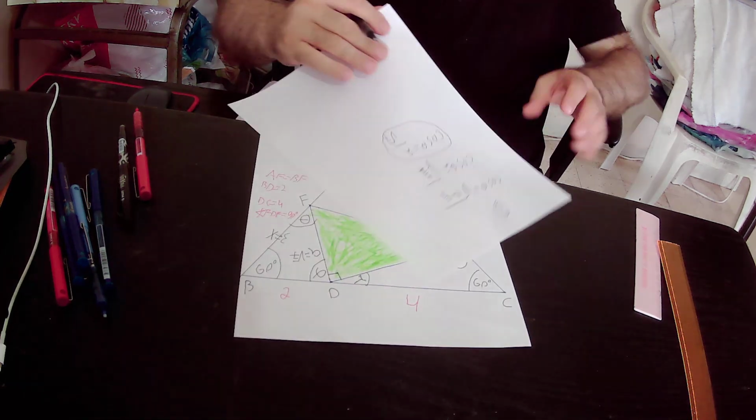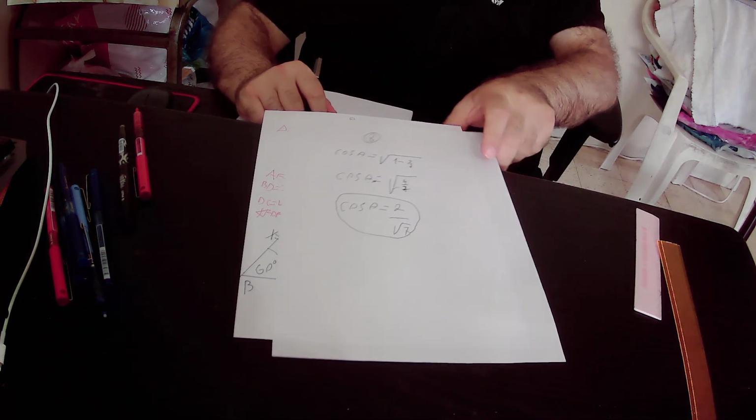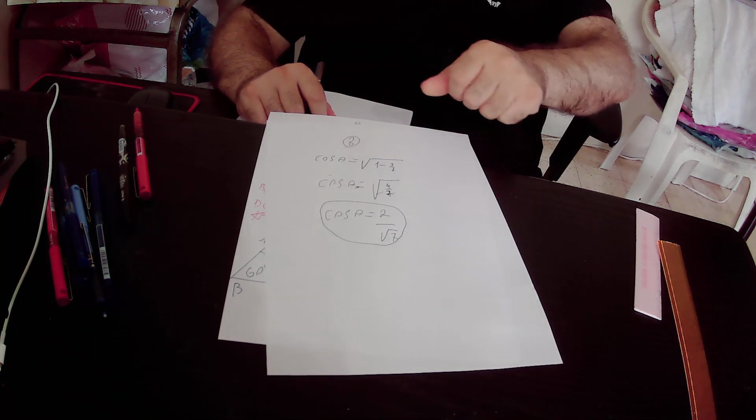Okay, so we found the value of cosine theta. Cosine theta equals 2 over root 7.